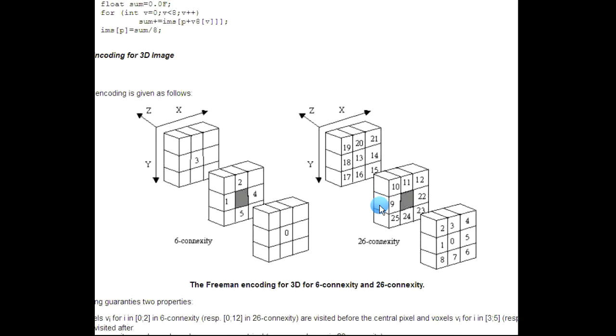Now in case of 26 connectivity, I consider all the immediate neighbors surrounding this voxel under consideration, and if any of these voxels has 0 opacity, then I treat the central voxel as a surface voxel. Now in case of 18 connectivity, we take all these 6 voxels here plus these 4 voxels as well as these voxels here.